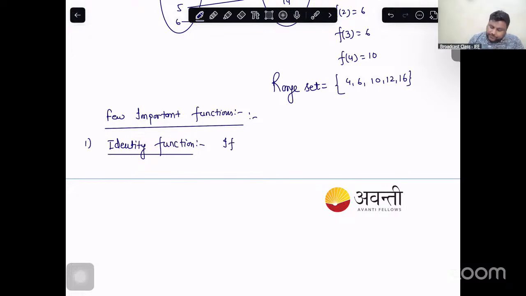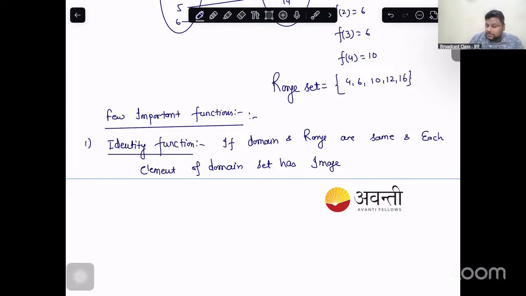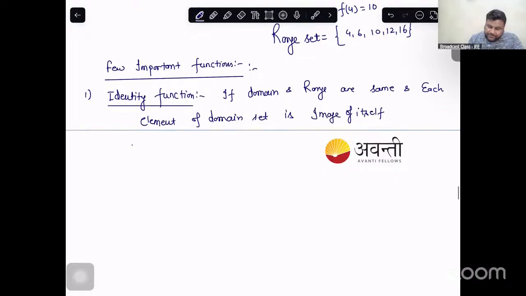If domain and range are the same, and each element of the domain set has image itself, or I should say the domain set is the image of itself, this function is generally f(x) equals x.